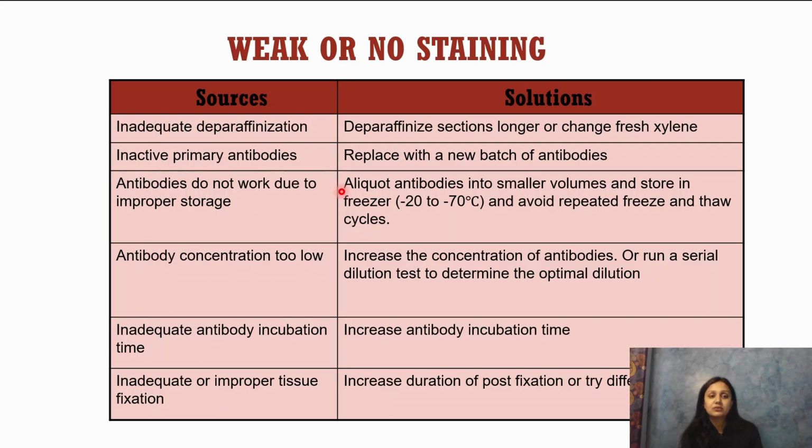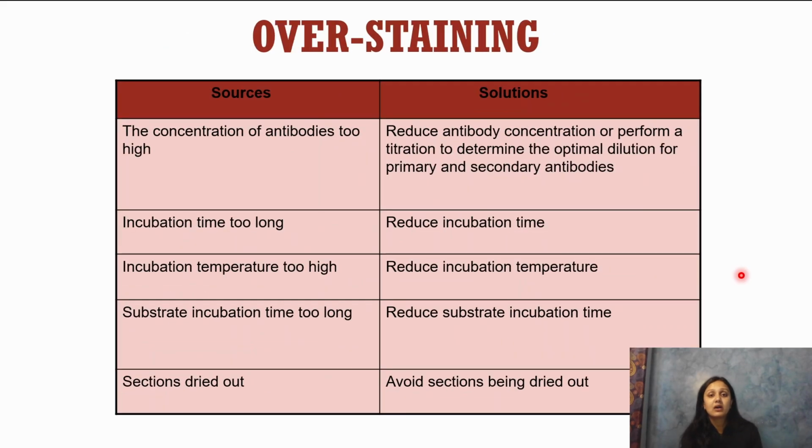The simple solutions are to deparaffinize properly, replace ineffective primary antibodies with a new batch, and increase the concentration of antibodies if it is too low. The same goes for overstaining. The sources could be concentration too high, incubation time too long, or temperature too high. So we need to reverse all of that.